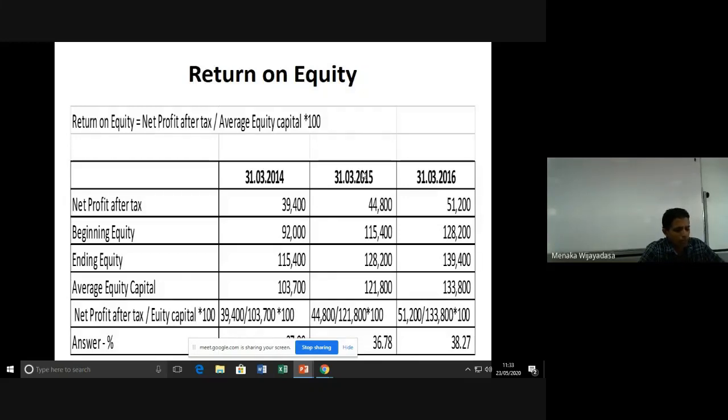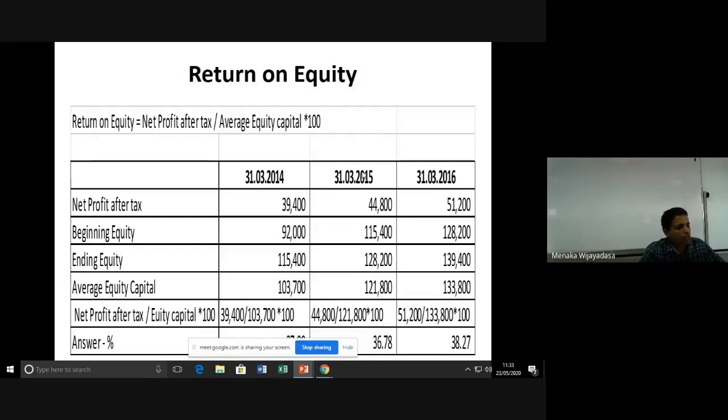You have a total of 115,400, which comprises 112,000 stated capital plus a positive retained profit of 3,400.